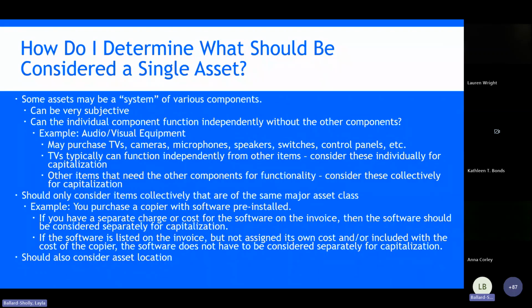With those, you would consider the TVs separately. They'd either capitalize them as their own asset or expense them, do low value asset, whatever the outcome you need based on the threshold that's met.